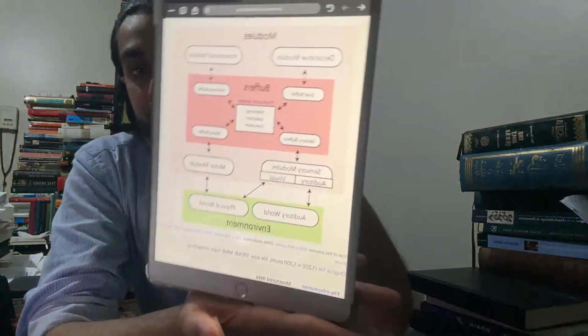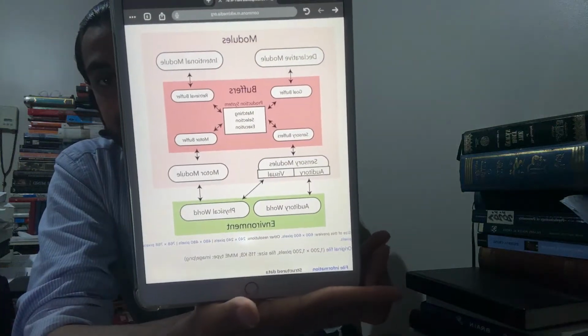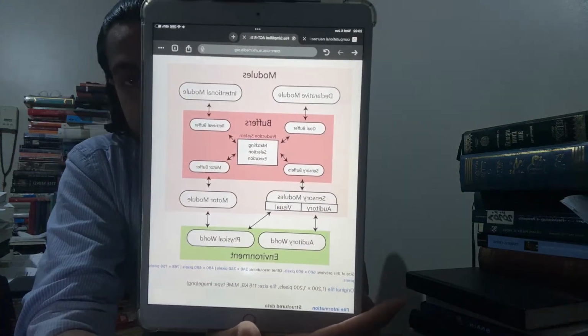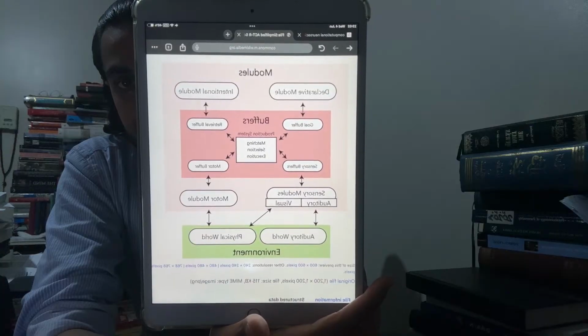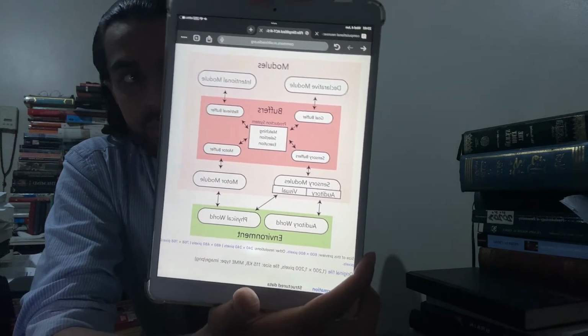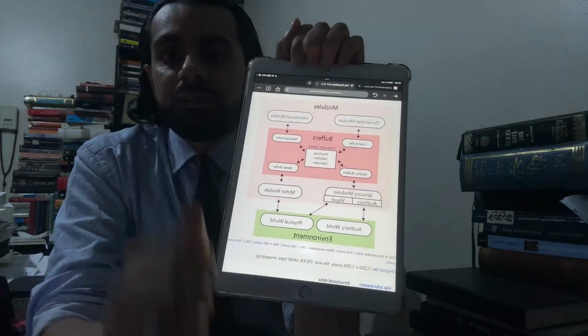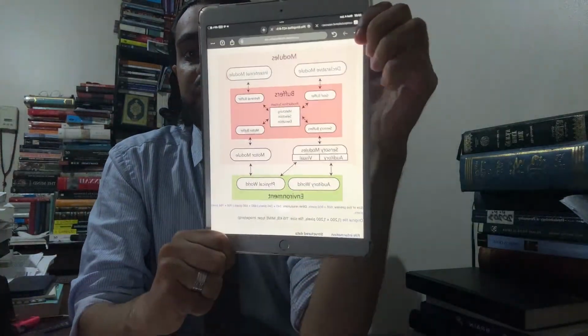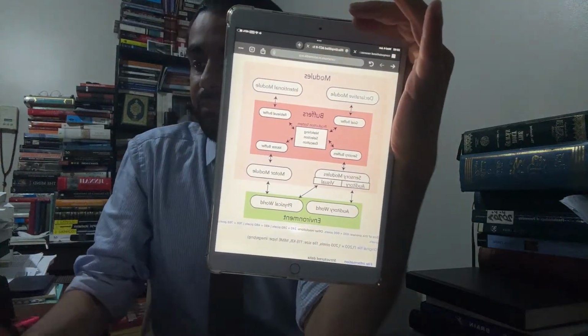So this is what I am speaking about. Hopefully, inshallah, you can see it. What I'm going to do is hold it like this, because the good thing about a live stream is I don't need to edit.